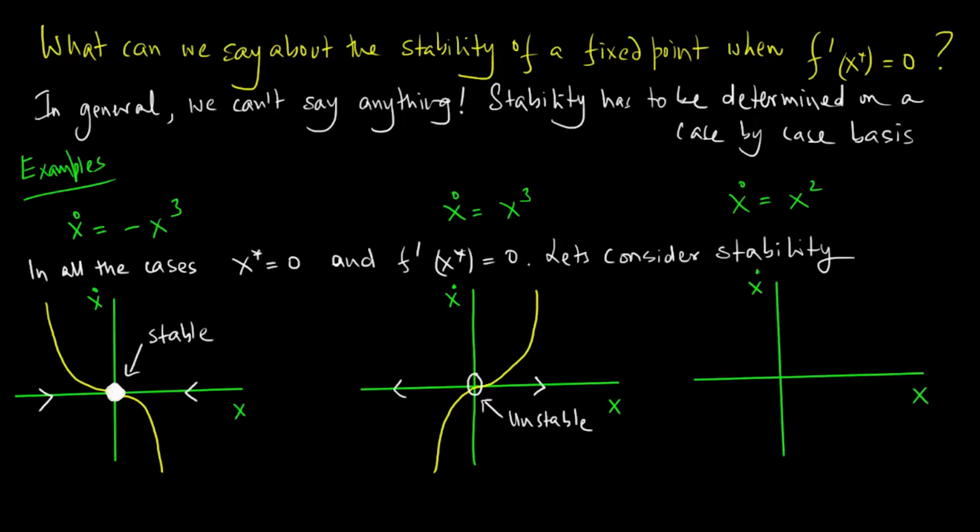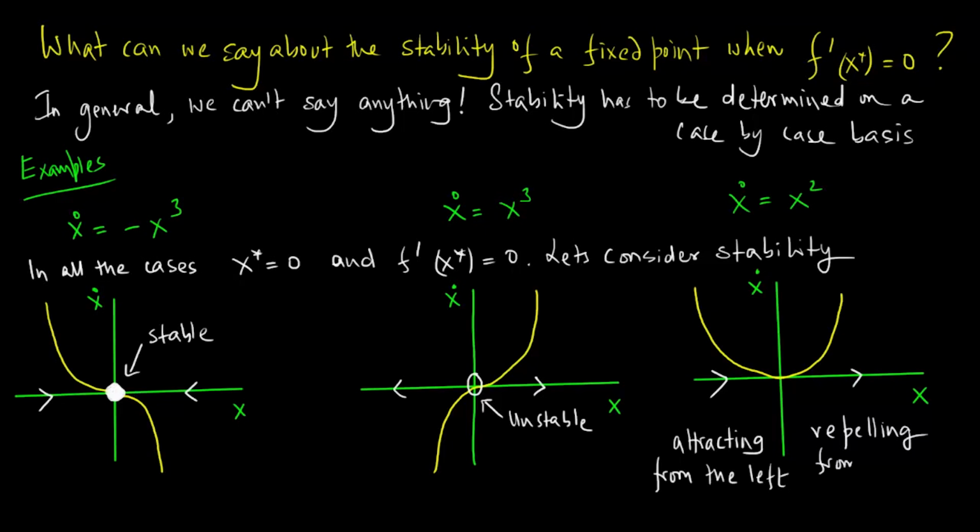We go ahead and plot x dot versus x, and that's the plot. So we find that the fixed point is attracting from the left and it turns out to be repelling from the right. So we get this situation where the fixed point turns out to be stable on one side but unstable on the other side.